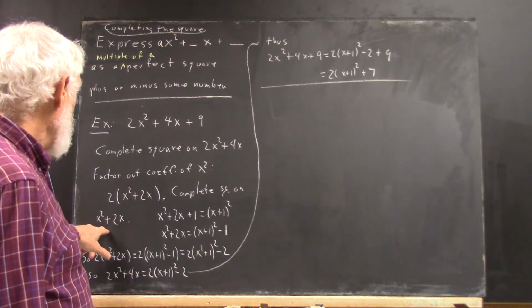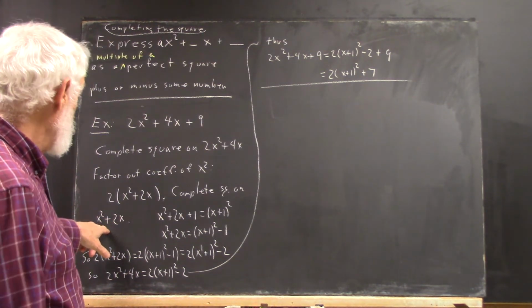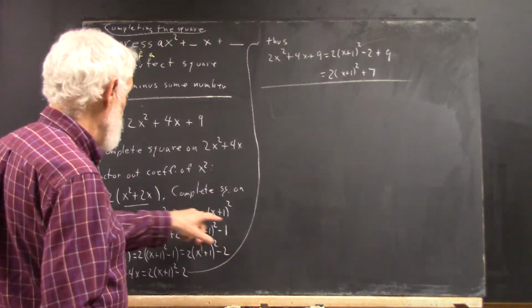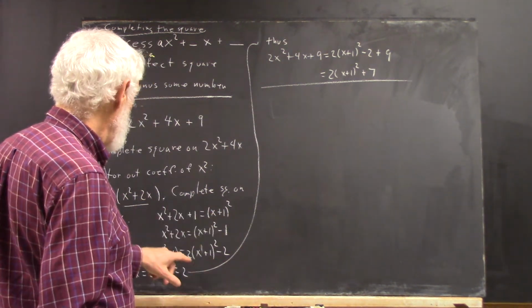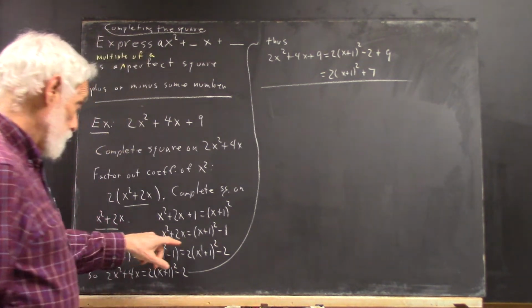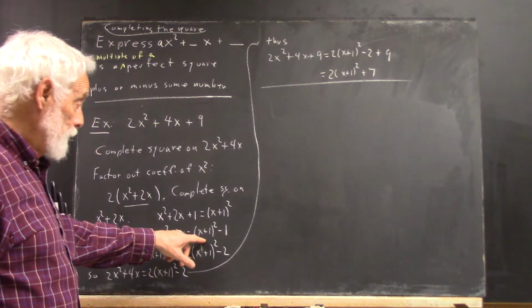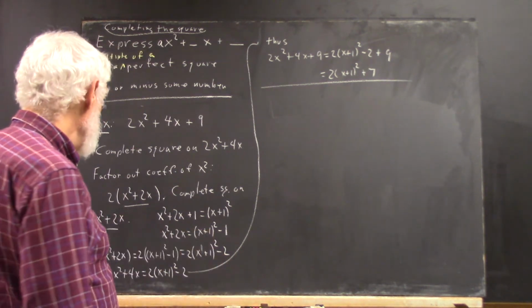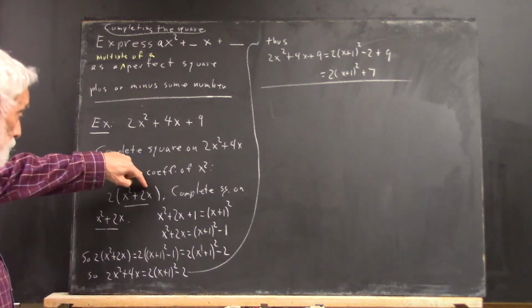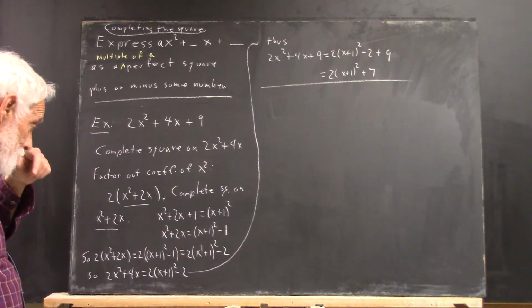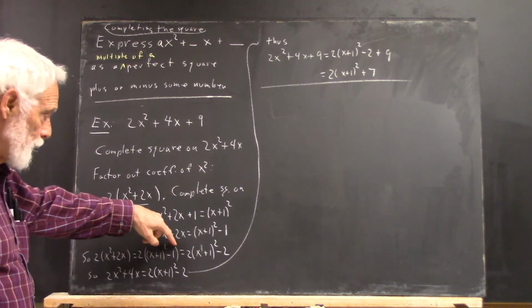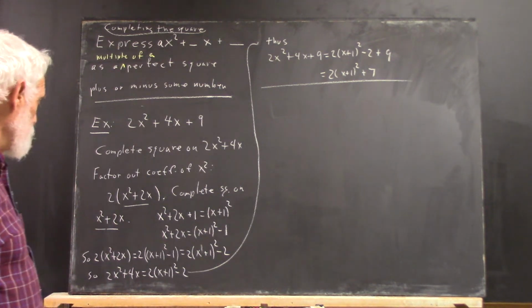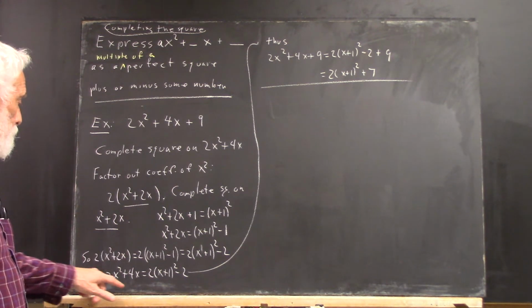We take that monic expression, we complete the square on that monic expression, and we get this, so that the monic expression, the x squared plus 2x, is equal to the perfect square minus 1. So that 2 times x squared plus 2x is, well, 2 times that quantity, which equals this. And of course, if we multiply through by 2, we get this.